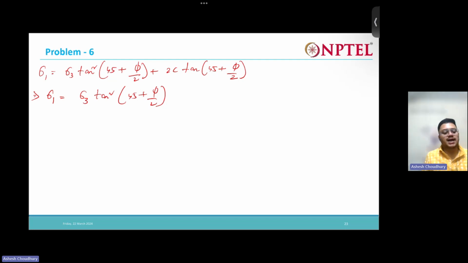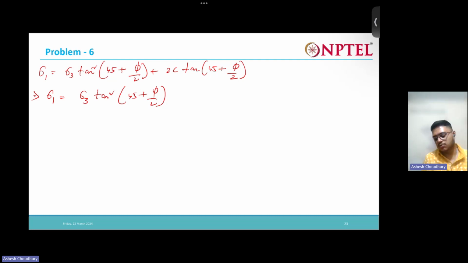Have I written this correctly or not? If yes, why? So what we did was we put c equal to 0. So the question is, why did we put c equal to 0?